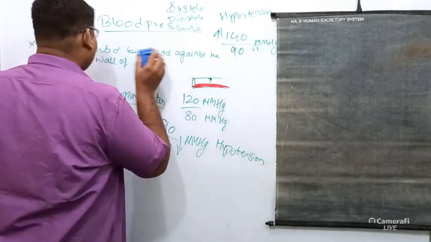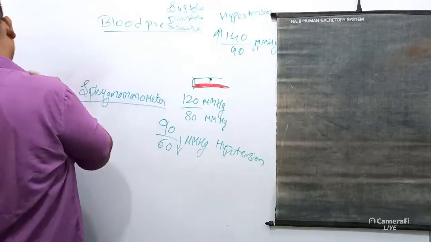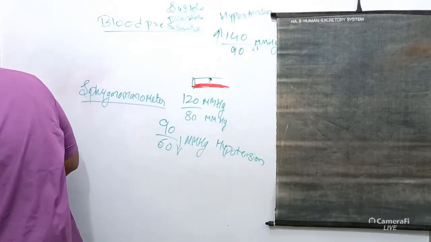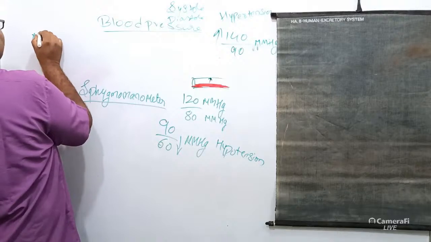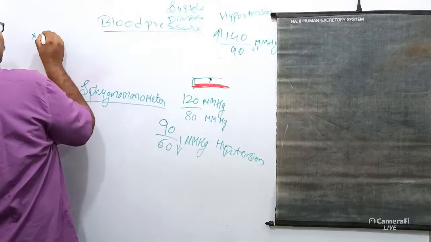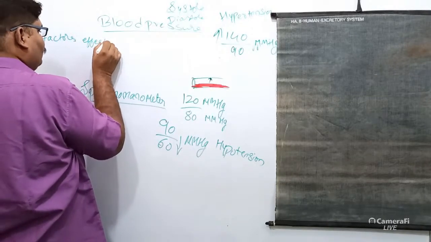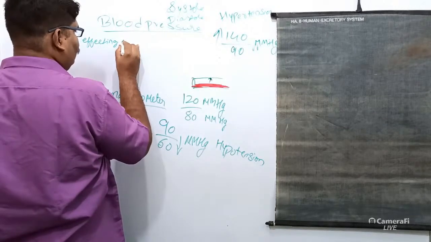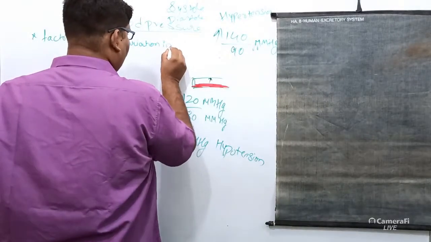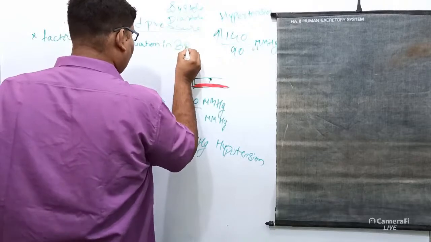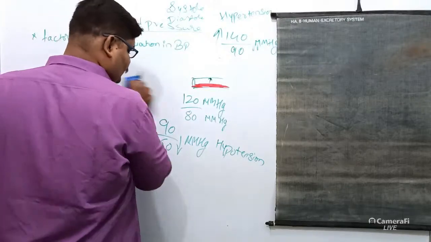So what are all the factors which are affecting the BP? I'll write the heading here first: factors affecting the variation in blood pressure.